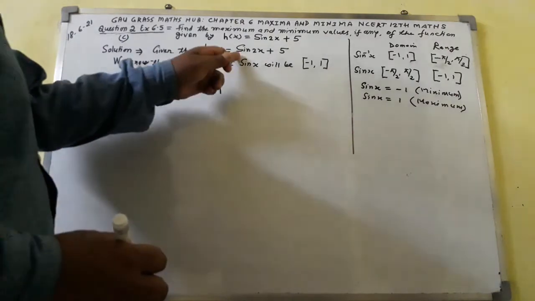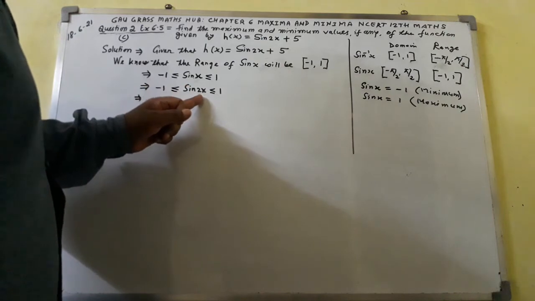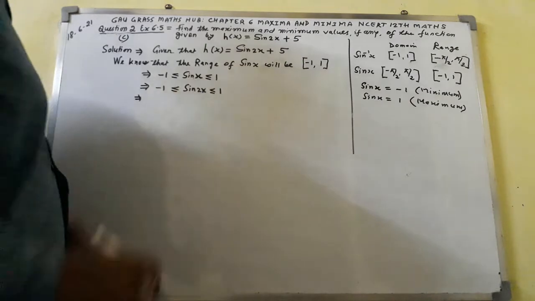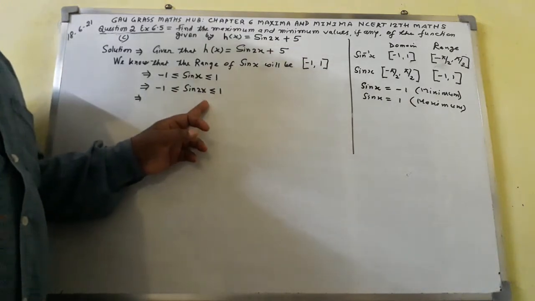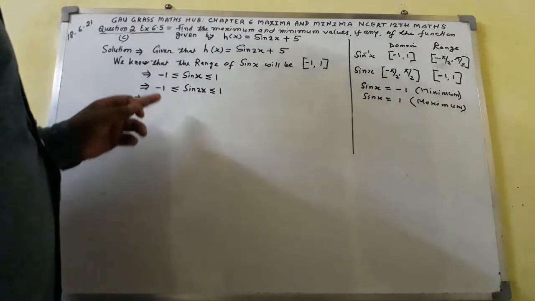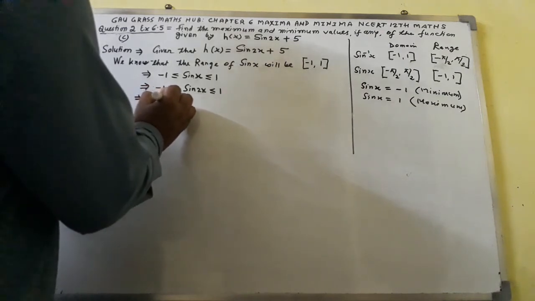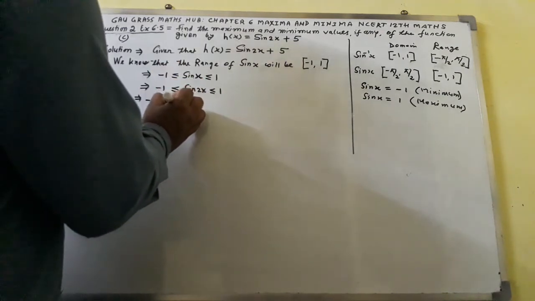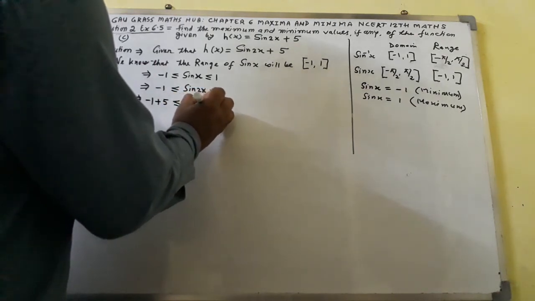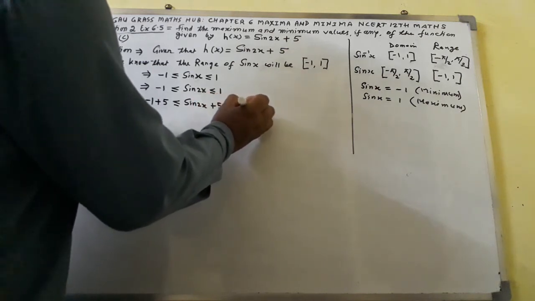This is an inequality, so 5 will be added to each part: -1 plus 5 less than or equal to sin 2x plus 5 less than or equal to 1 plus 5.